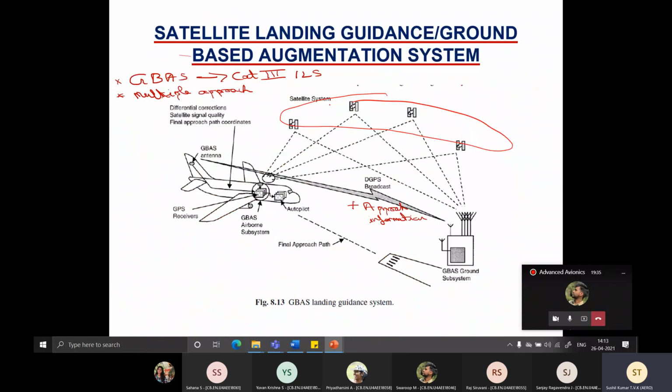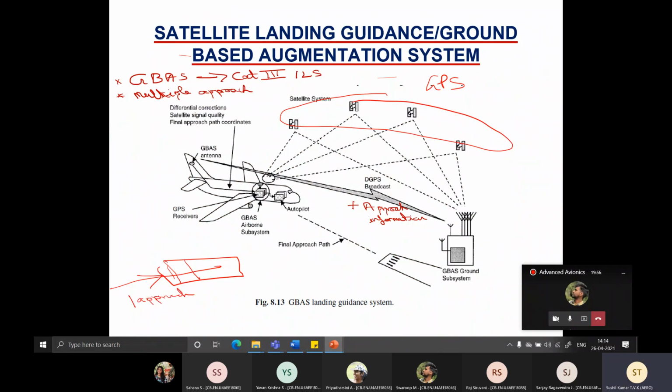Now, it's all based on GPS. A traditional instrument landing system, let us say this is a touchdown, I'm looking from top, will have just one approach.